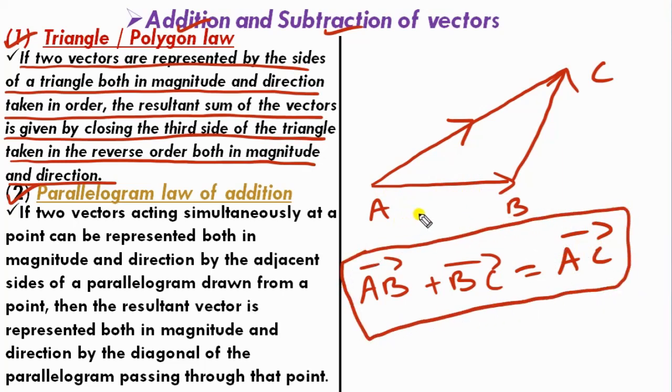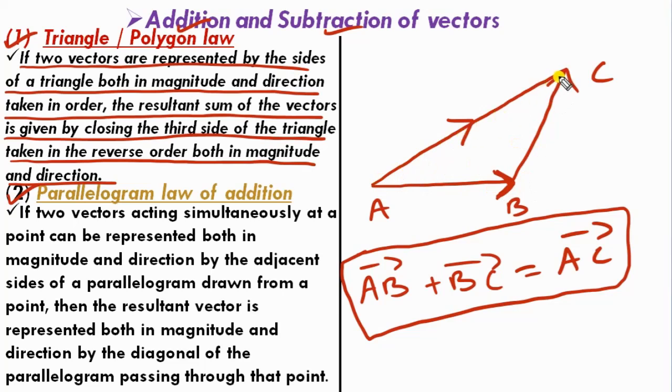If two vectors, here vector AB and vector BC, are represented by the sides of a triangle taken in order, that means we are going first from point A to point B and then from point B to point C. In other words, the head of one vector, B, the head of vector AB, is coincident with the tail of the other vector. That is, the tail of vector BC is also the same point B. Then the resultant of the addition of vector AB and vector BC would be another vector which would complete this triangle, that is vector AC.